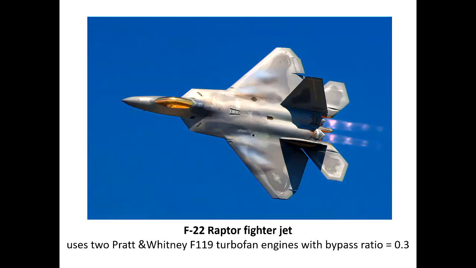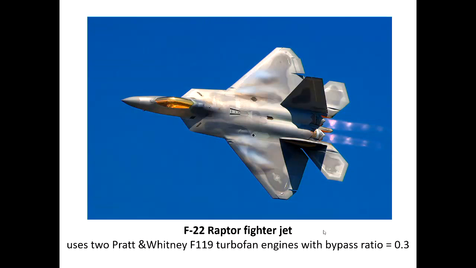So let's see. I think I have an example here. This is an F-22. It's probably still one of the most advanced military aircraft or fighter jets today. This one has a bypass ratio of 0.3, which means only 30% of air goes through the duct compared to the air getting in the engine.